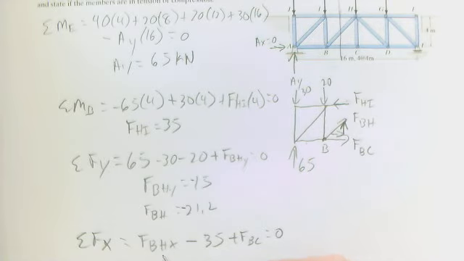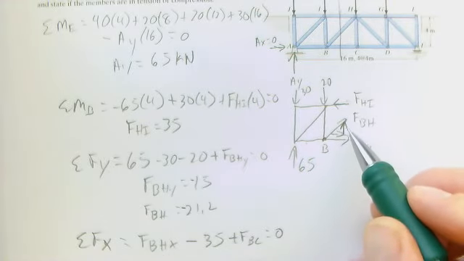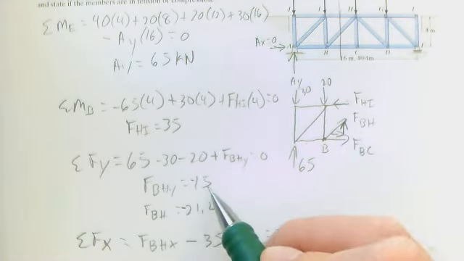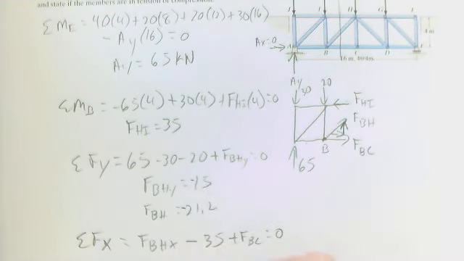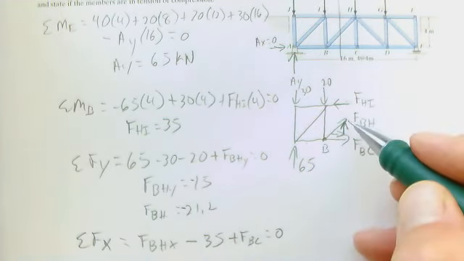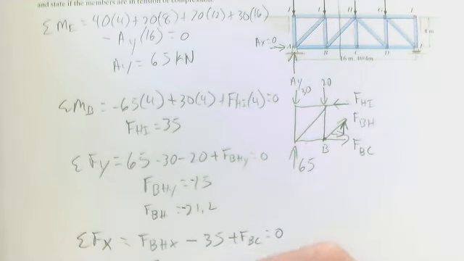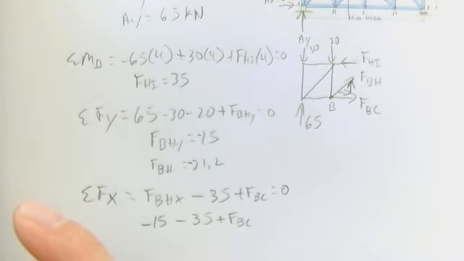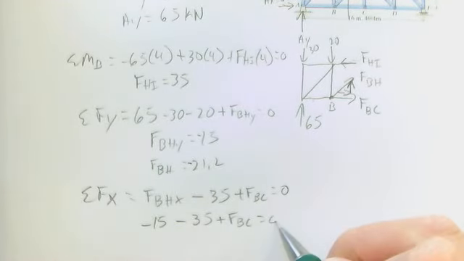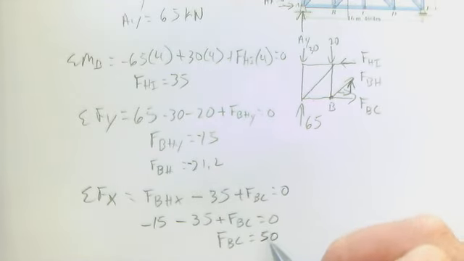Now FBH in the x, this is a 45-degree angle, so it's the same, so it's going to be 15. And we got negative, so it's actually going down, so it's going to be in the negative direction. So negative 15 minus 35 plus FBC equals 0. So FBC equals 50.